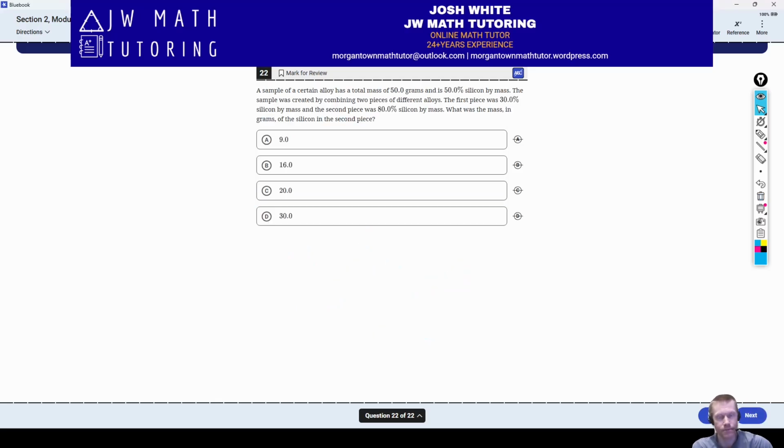All right, next up, we have one of the trickiest PSAT questions that's out there, and I'll explain why as we work through this. So this is basically a word problem. You're going to set up a system of equations. Essentially, you have these two different alloys, and you know that together, the first piece and the second piece make up a total of 50 grams.